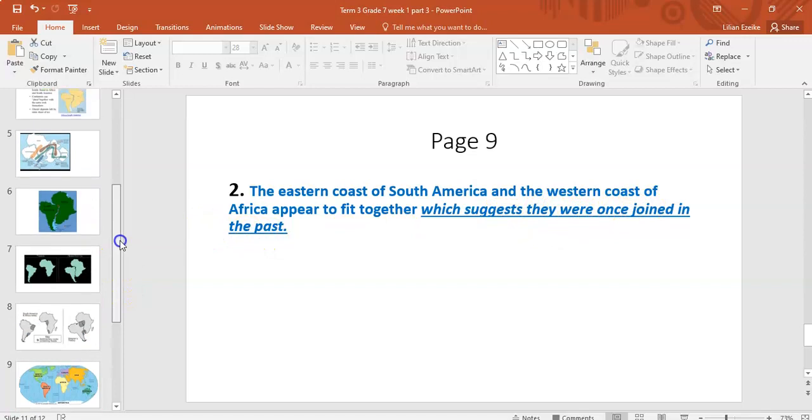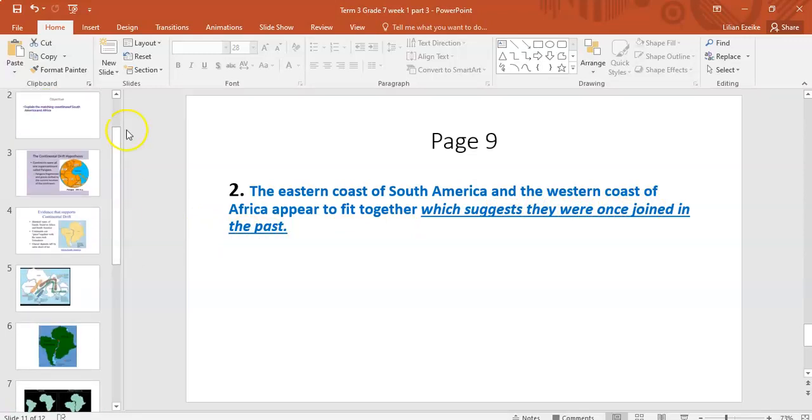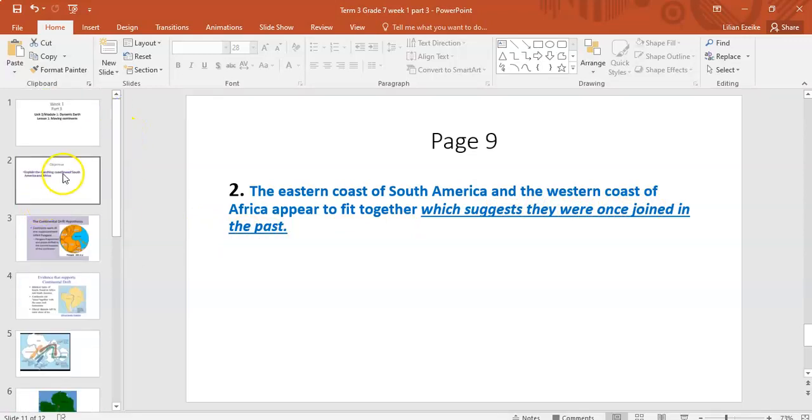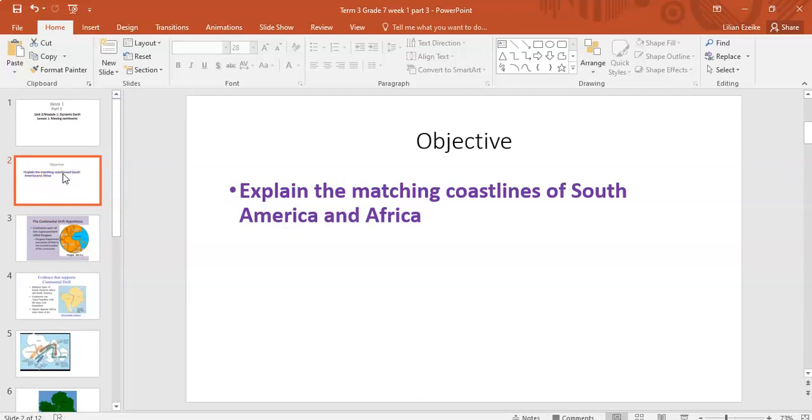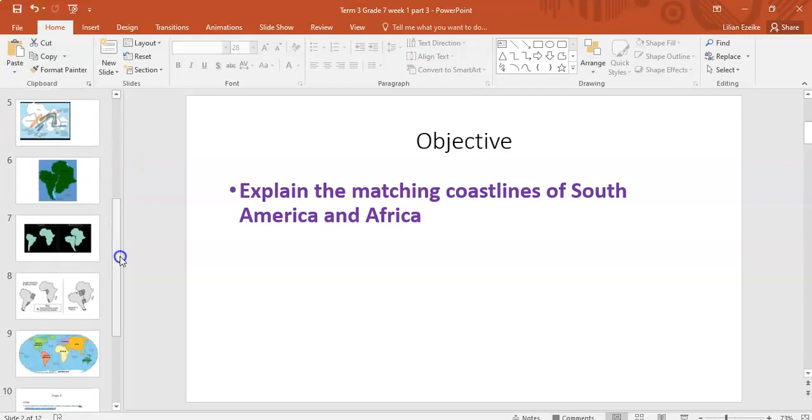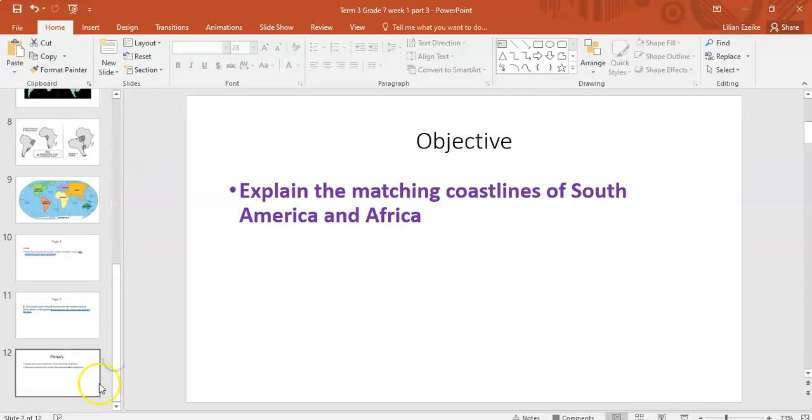So this is our lesson today. I hope you've understood. You can explain it. If someone should ask you, why do South America and Africa have matching coastlines? The reason is because they were all one together as one supercontinent. Thank you so much, and see you in the next lesson.